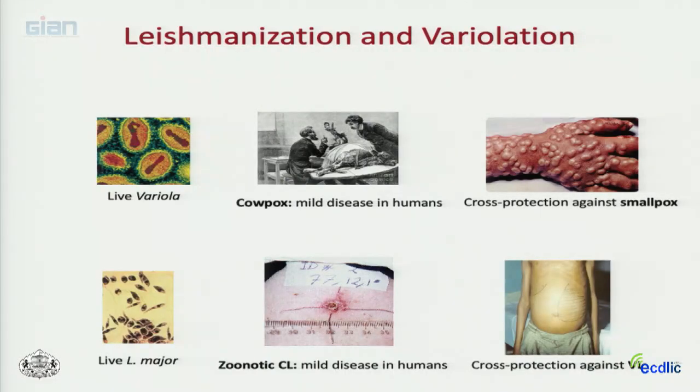In that context, you could say live L major, even if you don't genetically attenuate it, is still an attenuated strain the same way that cowpox is attenuated in the context of what it does in humans, right? So the trick is getting this sort of concept to be accepted, getting ministries of health to accept these kinds of ideas and to deliver another human pathogen.